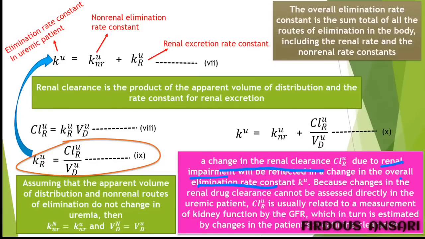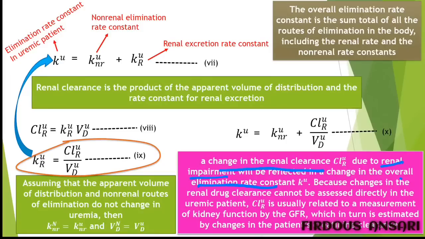Because changes in the renal drug clearance cannot be assessed directly in the uremic patient, the renal clearance in a uremic patient is usually related to a measure of kidney function by GFR, which in turn is estimated by changes in the patient's creatinine clearance.